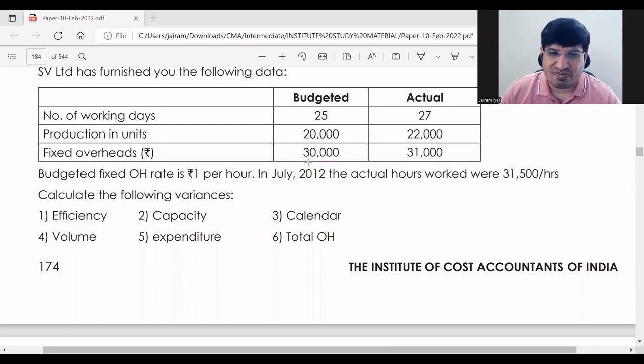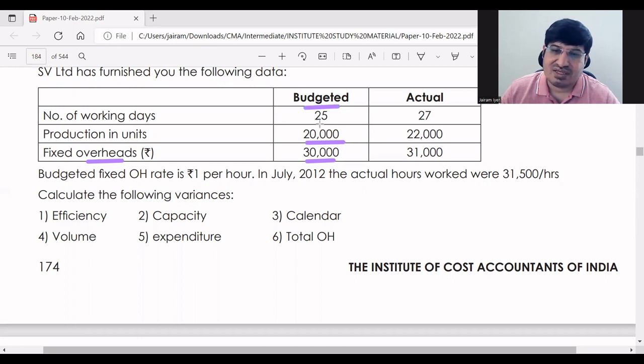The first thing we are doing is taking the budgeted fixed overheads divided by budgeted units. What will I get? I'll get per unit cost. When you take the total cost upon units, you get the per unit cost. So you will get the per unit cost of fixed overheads, and this is budgeted, that is standard.